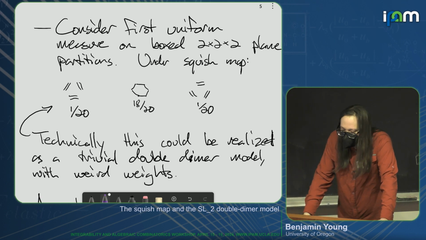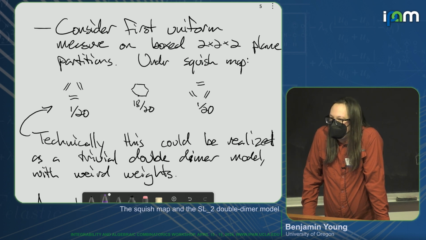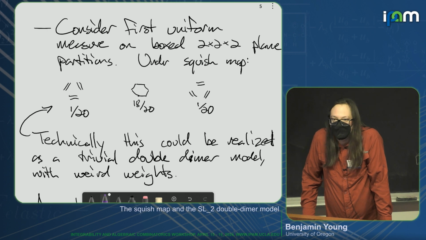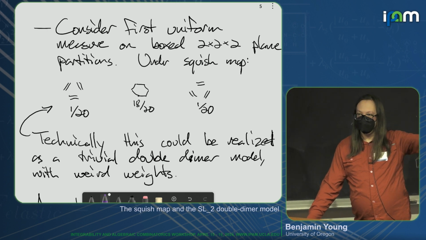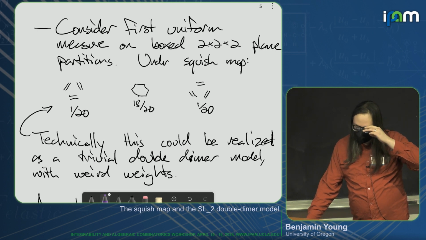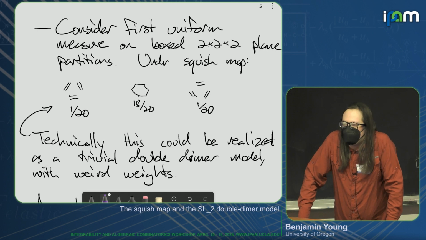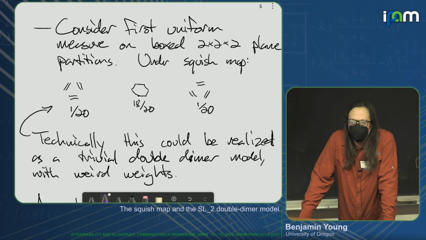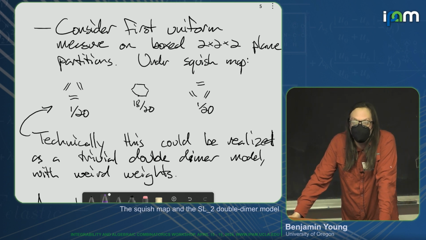So now let's address, or at least start to address, the question of which probability measures can arise on the double dimer model when you push through known probability measures on the single dimer model. Let's first think about the one we understand best, say just the uniform probability measure on the box 2 by 2 by 2 plane partitions.